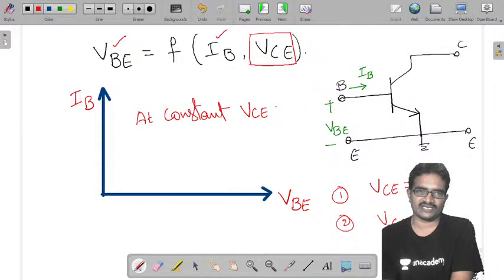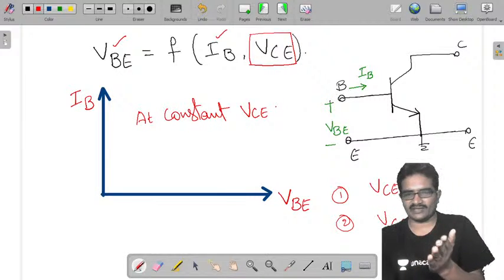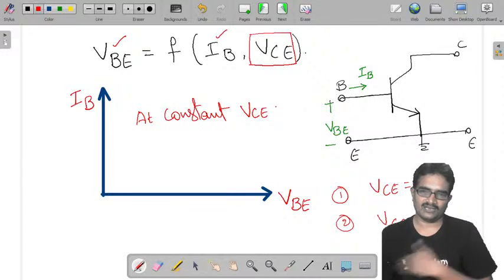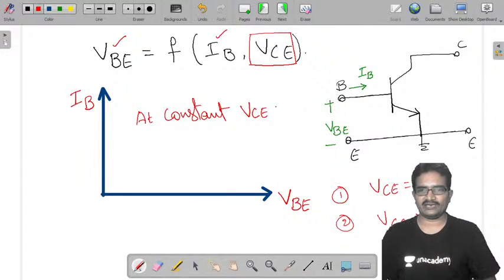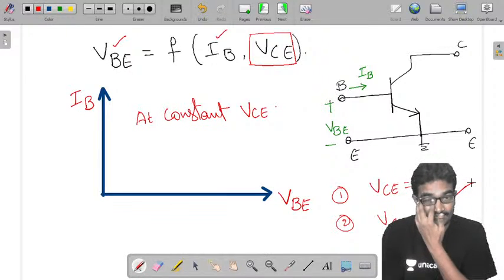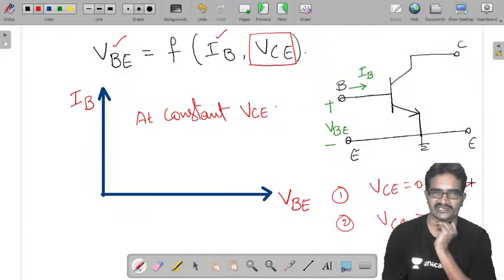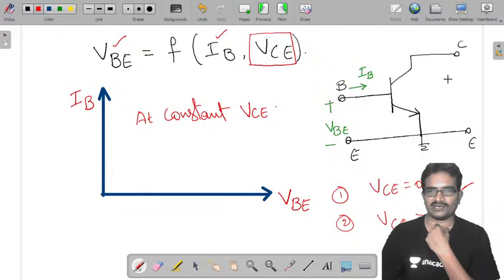Once we change the value of VCE, again we vary the VBE and take the respective IB value. Like that, we can plot between VBE and IB with different values of VCE. That is the input characteristics.